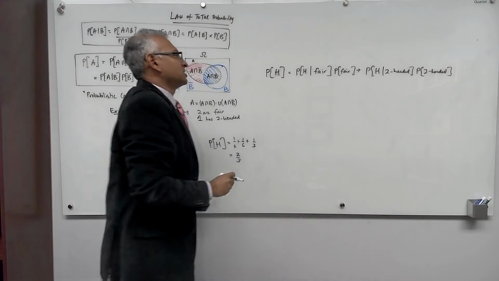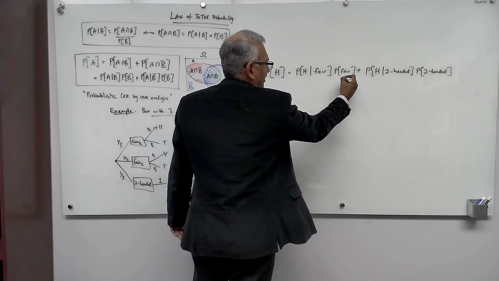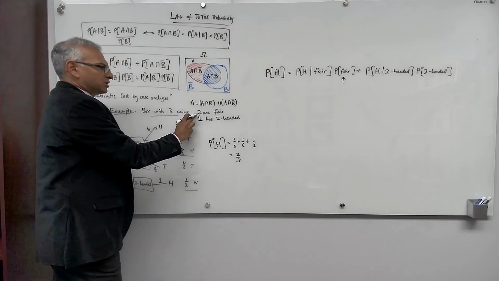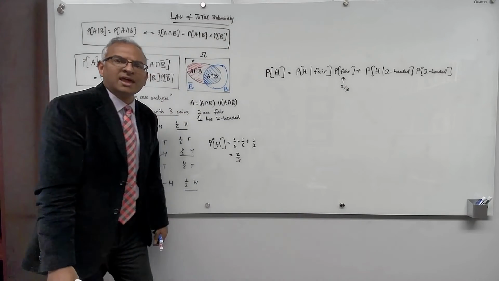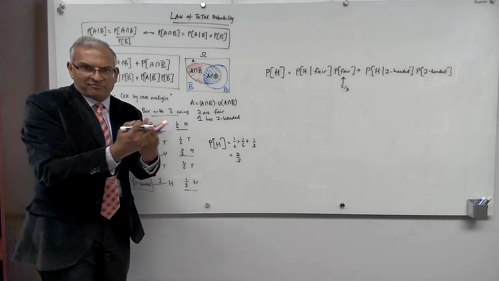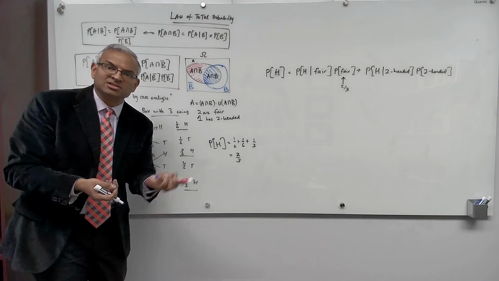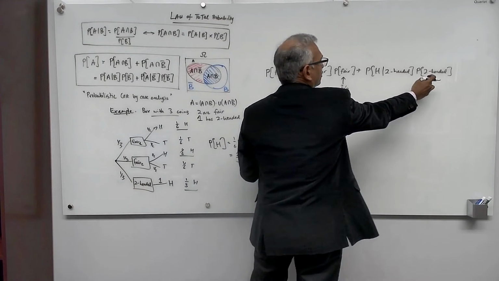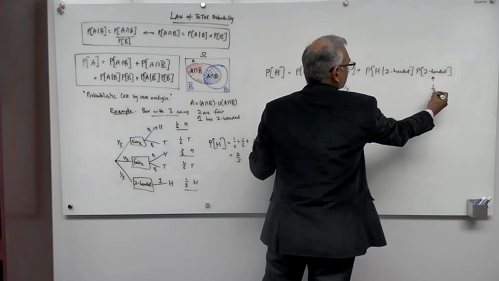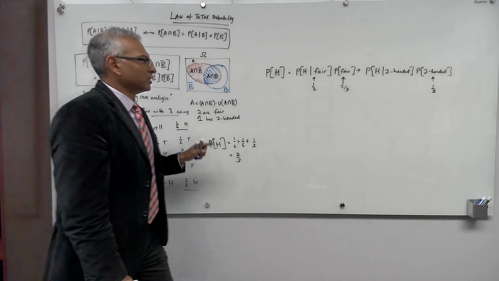Okay. And now let's see if we can compute these things. Well, the probability that you pick a fair coin, since there are 2 coins out of 3 that are fair, is 2/3. The probability of getting a head, given the additional information that the coin is fair, this we know, is 1/2. The probability of the two-headed coin is 1/3, because one of the three coins is two-headed.